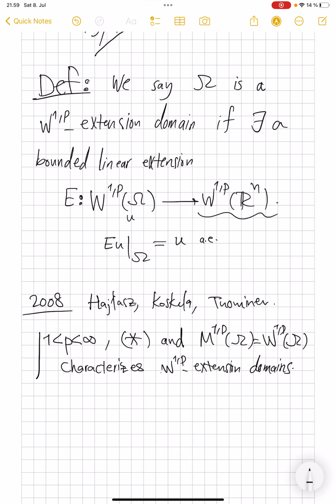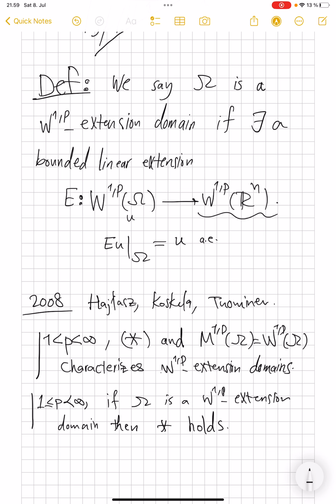And the second part to this is that for p also including 1 this time, if omega is a W^{1,p} extension domain, then this star holds.